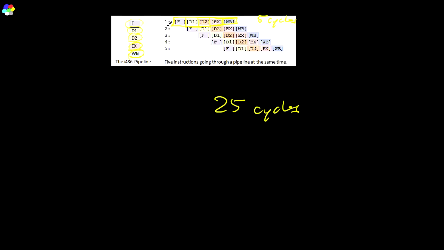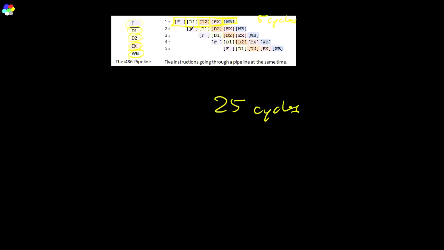But that's kind of wasteful. Think about it. You do an operation in F, and then you move to do the next part in D1. F is just sitting there doing nothing. D2, still sitting there. EX, still sitting there. It's wasteful. You don't want to have all these units sitting around doing nothing.